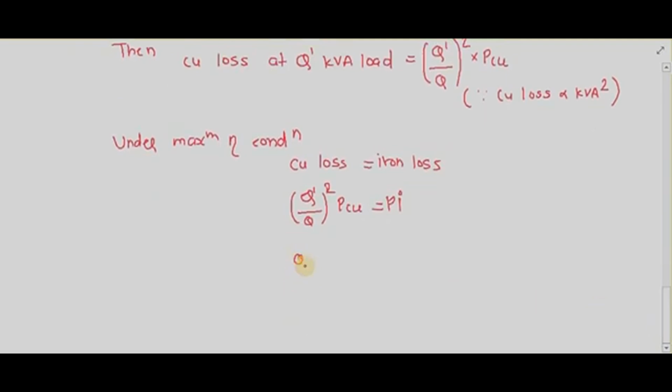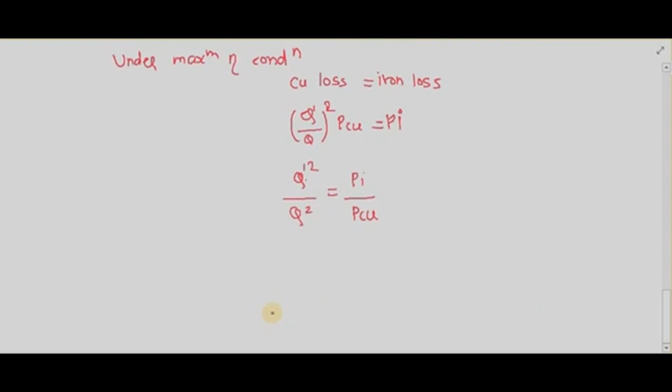So Q dash whole square upon Q square equals to Pi upon PCU. What is PCU? Copper loss at full load. So from this I can write Q dash whole square equals to Pi upon PCU into Q square.